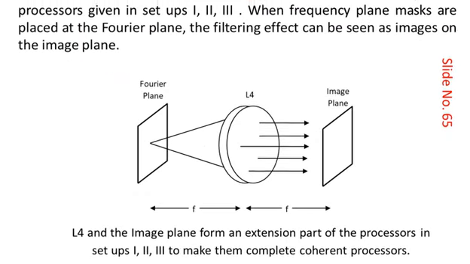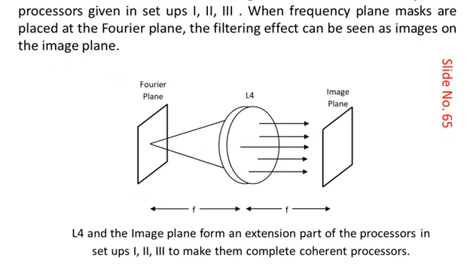So you see what is happening. With this extension at the coherent processors, we have placed the Fourier transform hologram over here. This Fourier transform hologram was constructed with the object O, when the object O was placed at the zeta and eta plane.